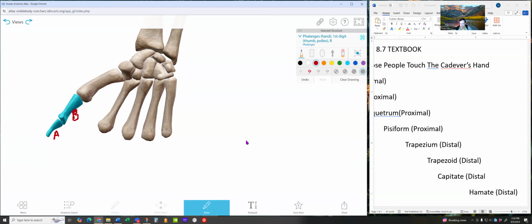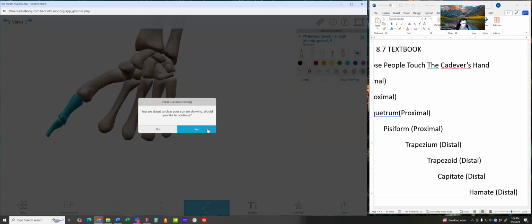Clearly it's B, right? Because B is closer to the attachment point of the limb to the shoulder. All right, so clear the drawing on that.